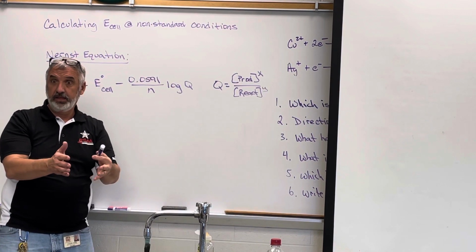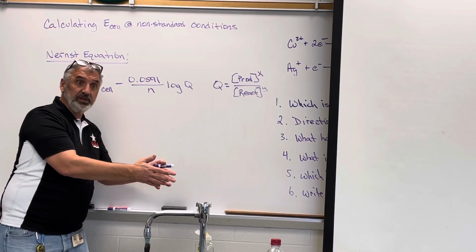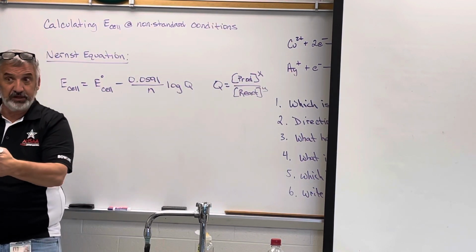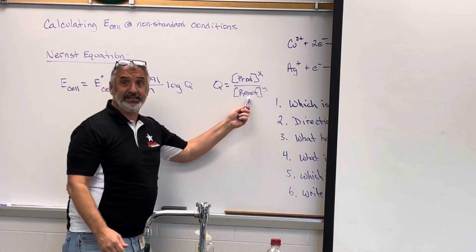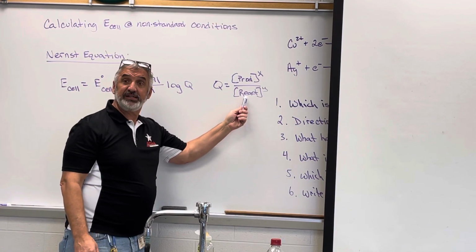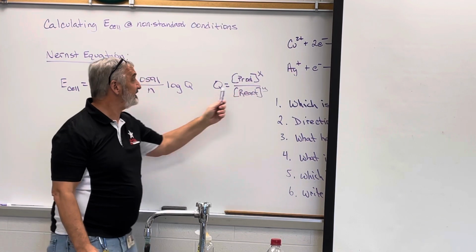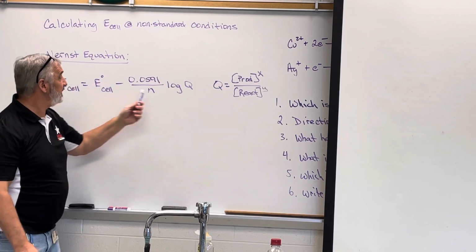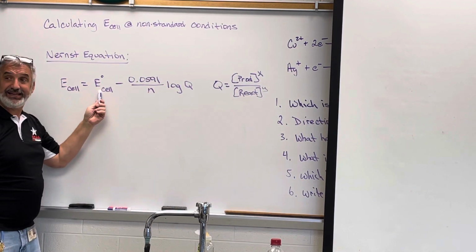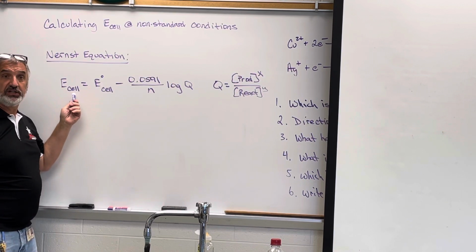The log of a decimal is negative. The log of a number greater than 1 is positive. That's the big thing right here. Because if we have a greater concentration of reactants than products, then when I take the log of Q, it's going to be a negative number. So then a minus a negative, I'm going to add to that E cell, and it's going to increase the voltage of my battery.